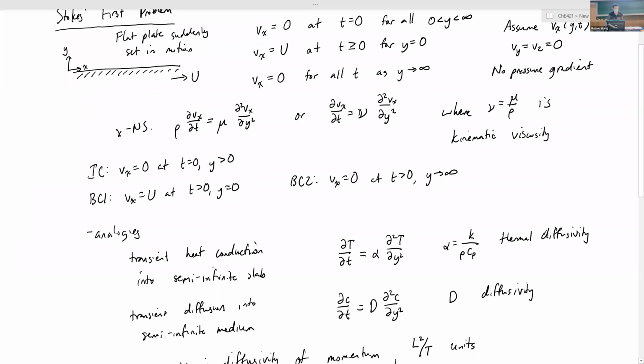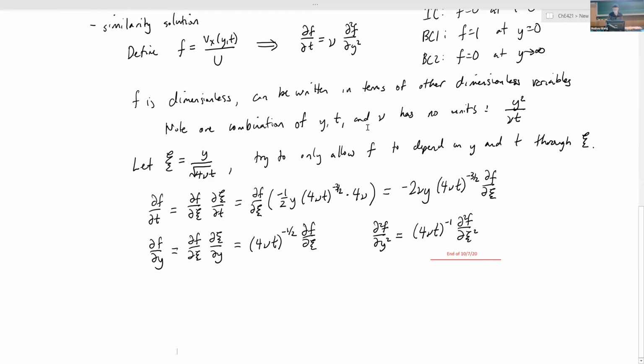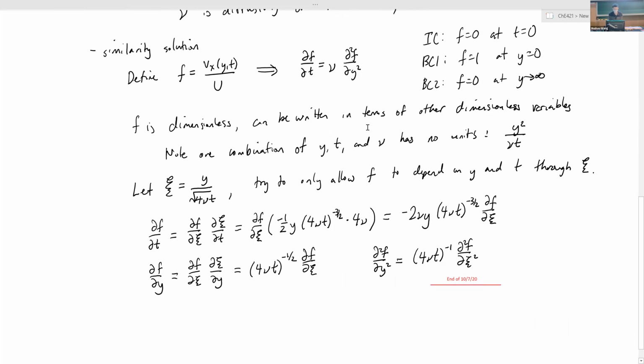Most of us, as a graduate class, already know how to solve simple ordinary differential equations, but partial differential equations are maybe something that at least some of you might not have seen before. The solution method we were going to use is called the similarity solution.